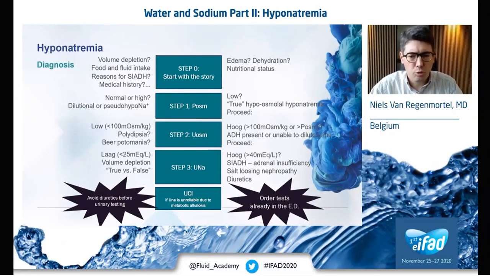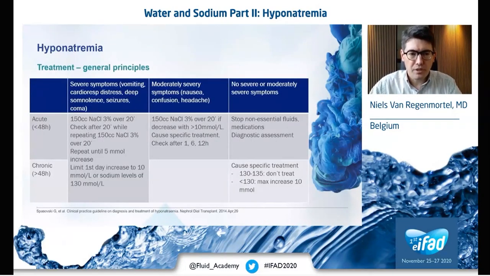Very important to order these tests already in the emergency department, because it changes in minutes from the moment you start with therapies, and avoid, of course, diuretics before you do urinary testing. A few more principles and common mistakes on hyponatremia treatments. I'm not going to dive too deep in this because it is written clearly in the guidelines written by Spasovski and colleagues a few years ago.